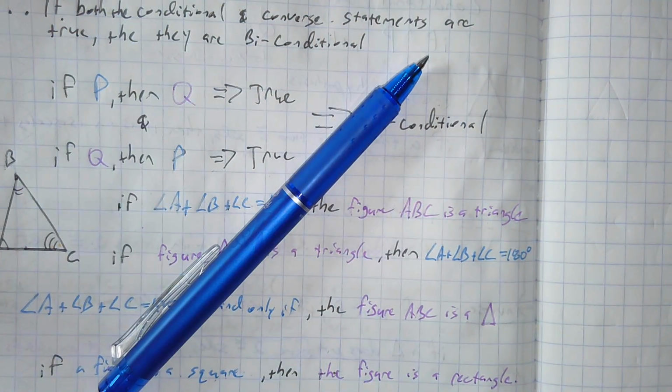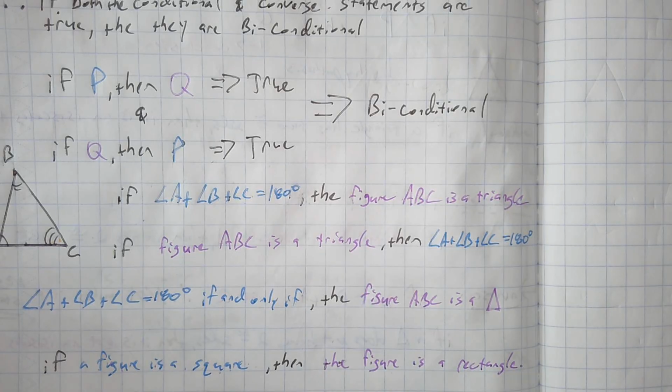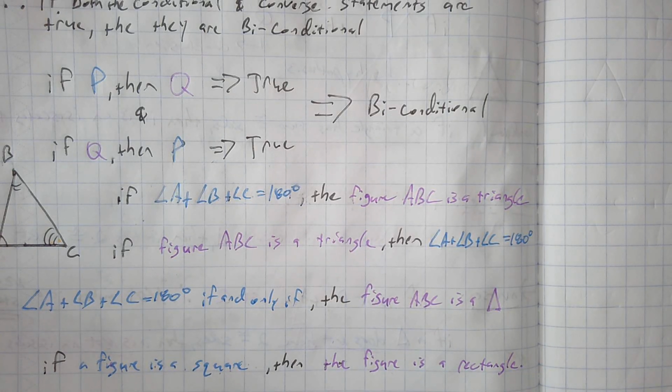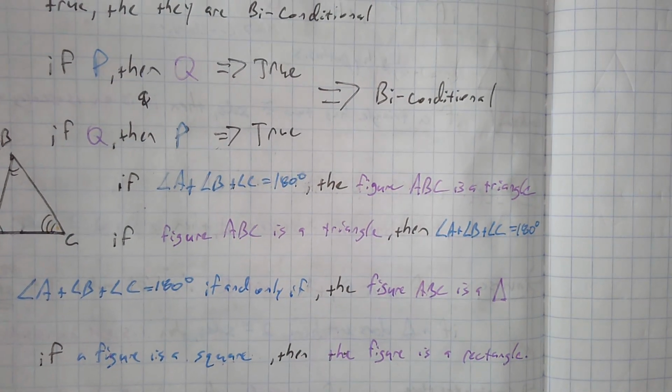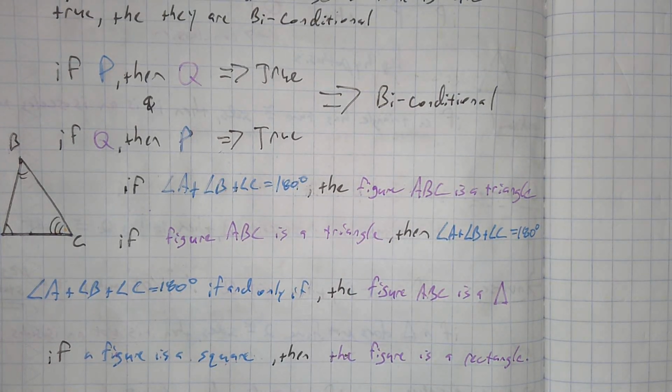Okay, so is that a true statement? Well, what is the definition of a rectangle? A rectangle is a quadrilateral that is made up of 4 sides with 4 right angles.